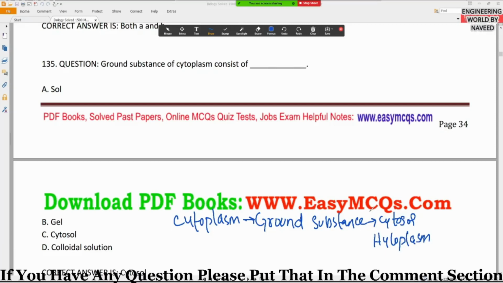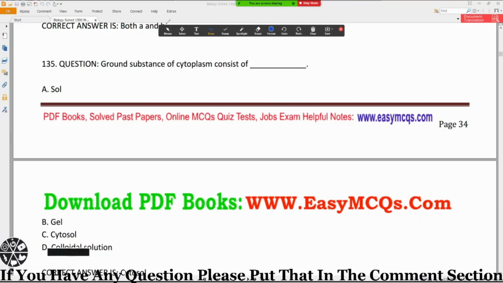The ground substance of cytoplasm is called cytosol, and cytosol has further divisions: sol, which is the non-viscous part of cytosol, gel, the viscous form of cytosol, and colloidal solution, formed by the large molecules of cytoplasm. So option C, cytosol, is the correct option in this question.